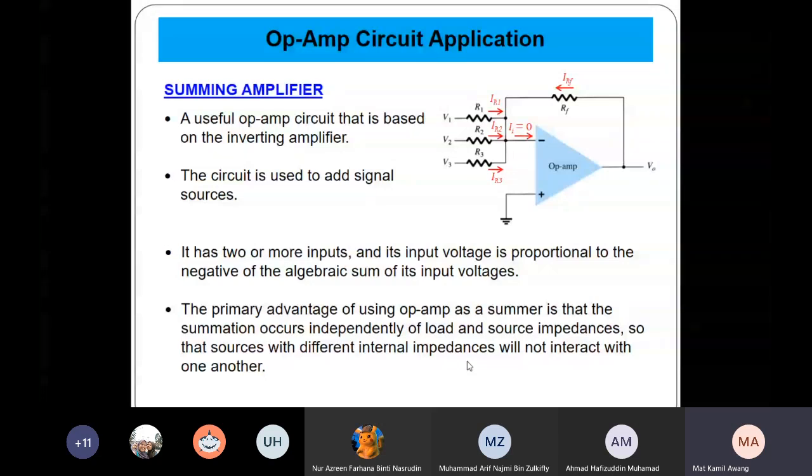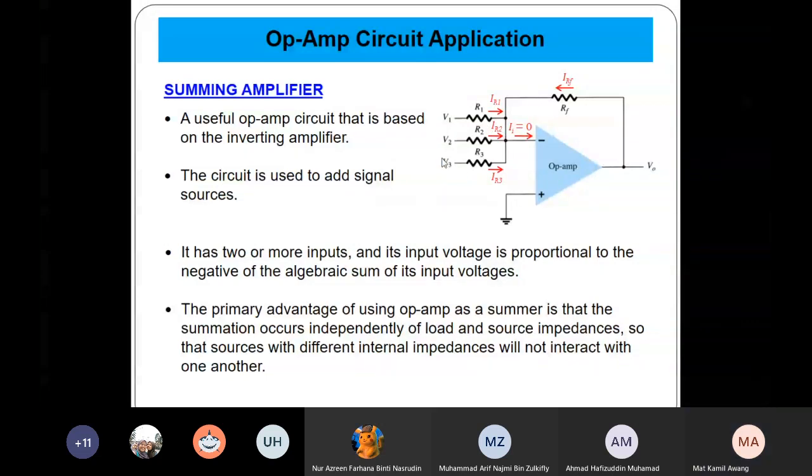The primary advantage of using an OpAmp as a summer is that the summation occurs independently of load and source impedances, so sources with different internal impedance will not interact with one another. Basically, the internal impedance of the inputs V1, V2, V3 will not affect the output.